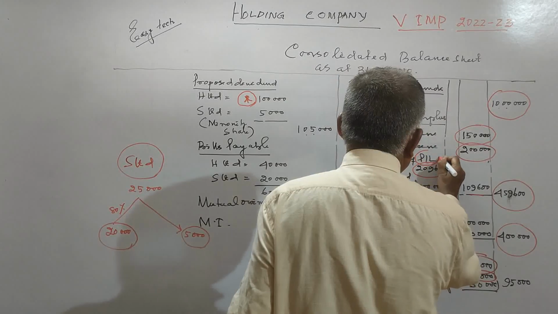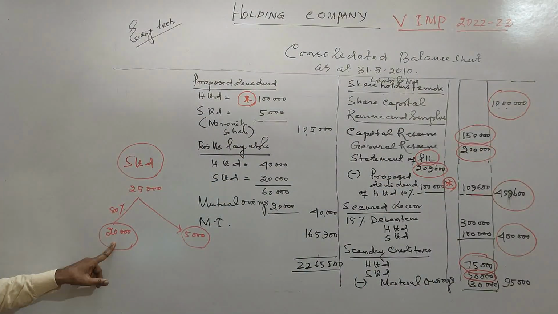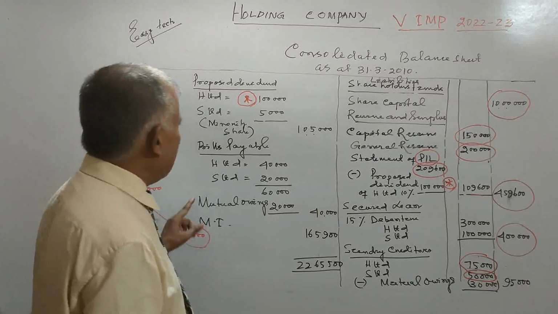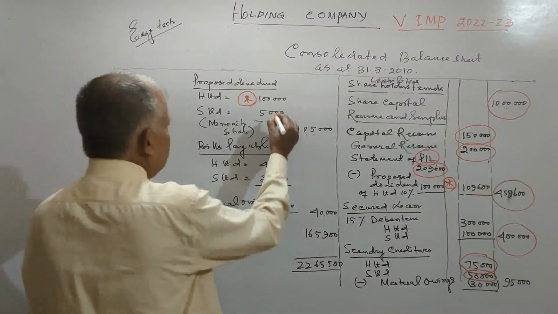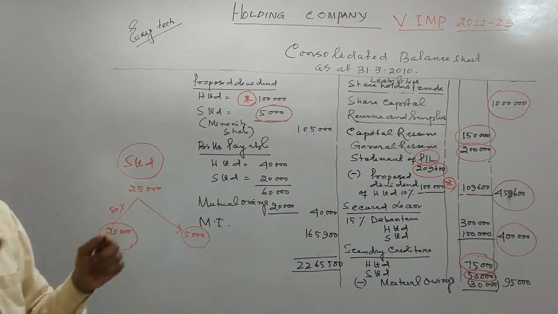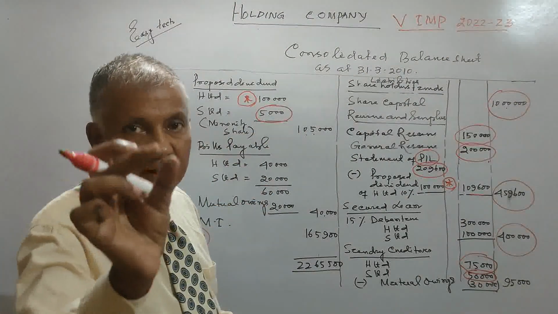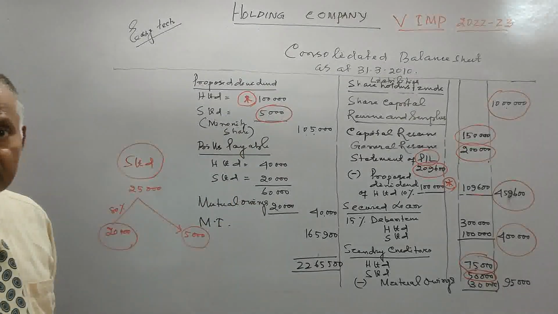Here we have taken the holding company share 20,000 proposed dividend. Please remember, this 5,000 is the minority interest share. We are showing it here. And you have noticed from the minority we have deducted 5,000 as proposed dividend, right?